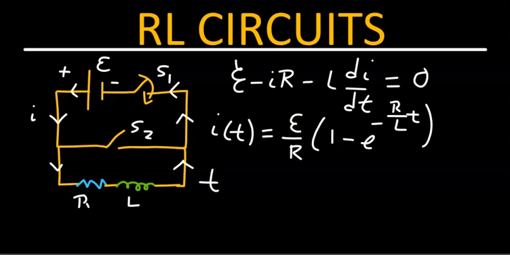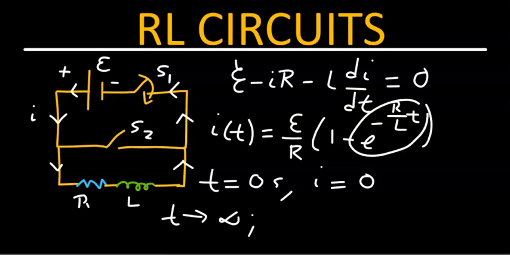We note that when the switch S1 is closed, at that moment, namely at t equals 0 seconds, the current is 0. After the switch is closed for a very long time, namely when t tends to infinity, this term will go to 0, and the electric current in the circuit will tend to stabilize to the following value, namely EMF over the value of the resistance.